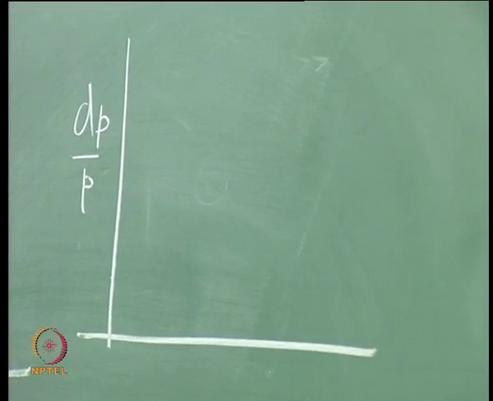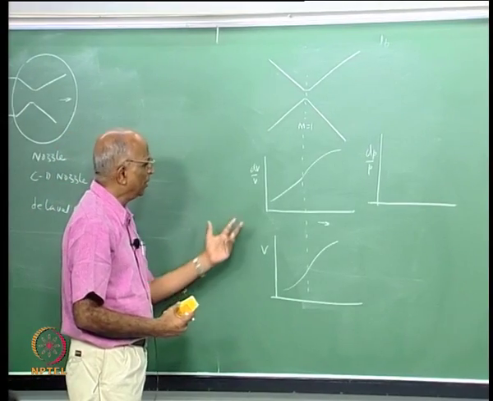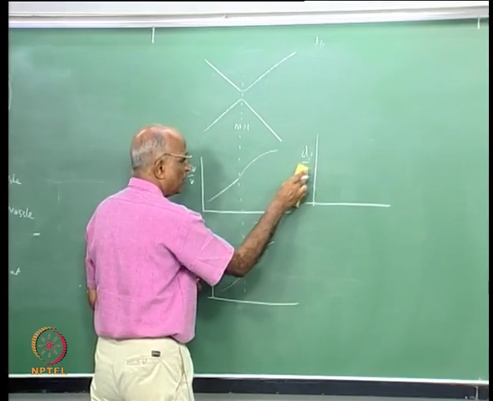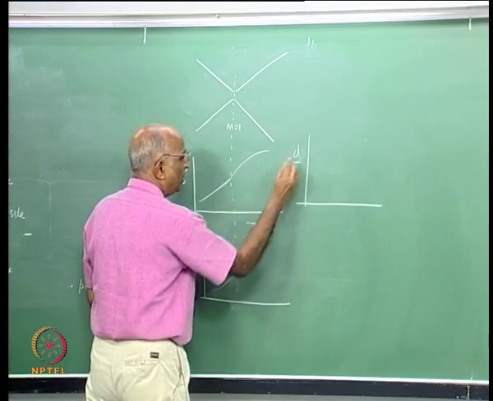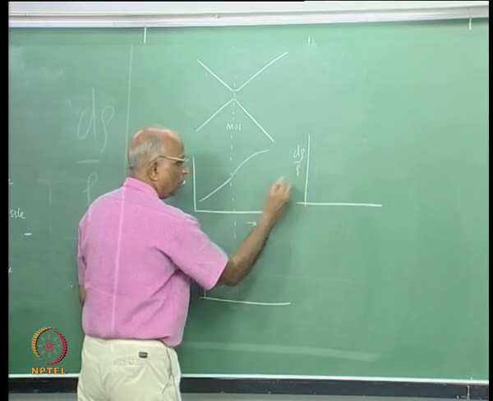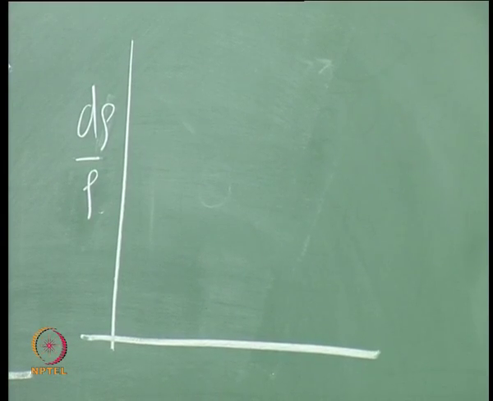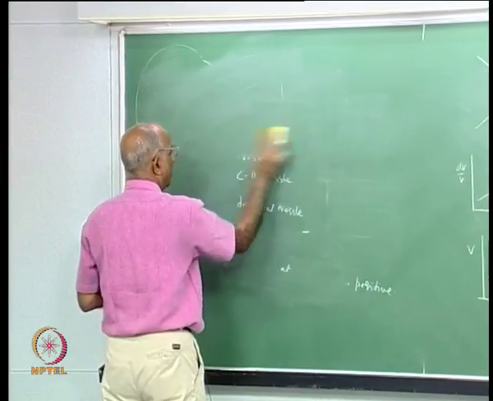I know the velocity, and I want to find out the pressure variations, or let us find out first the variation of d rho by rho, because we already had an expression which we derived. Let us write that expression again.